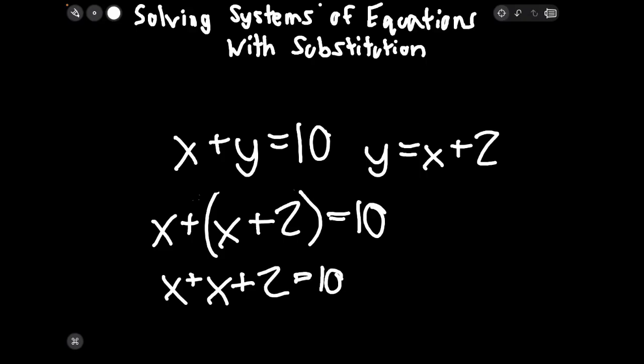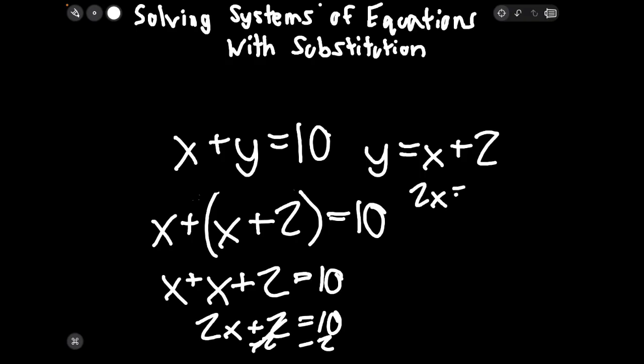And then we could combine the x's. So then now we have 2x plus 2 equals 10. And then subtract 2 on both sides. And then we get 2x equals 8. And then divide by 2, we get x equals 4.